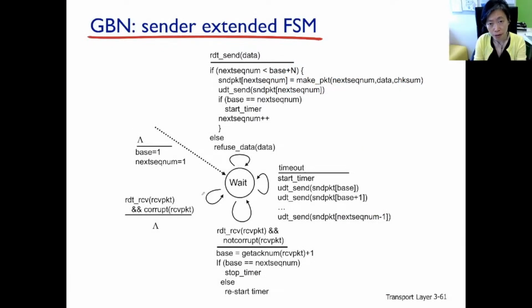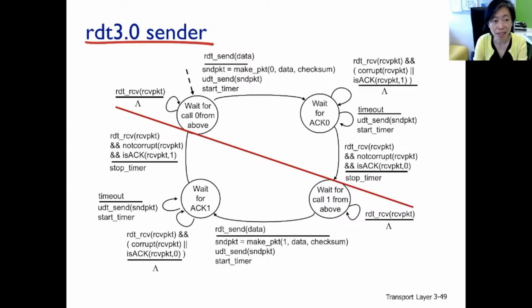Go-Back-N sender's finite state machine. Before we start talking about this, let me review RDT 3.0 sender's finite state machine. And here it is, the RDT 3.0 sender. Okay, so we're starting here, and there are 4 typical transitions, 1, 2, 3, and 4.